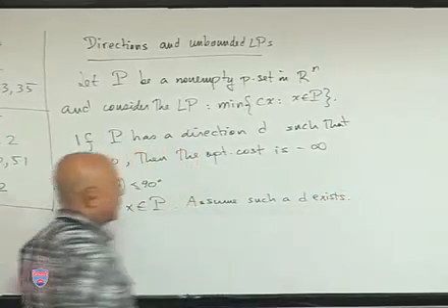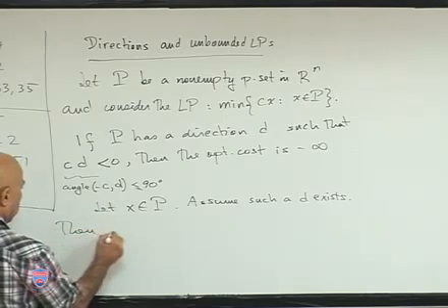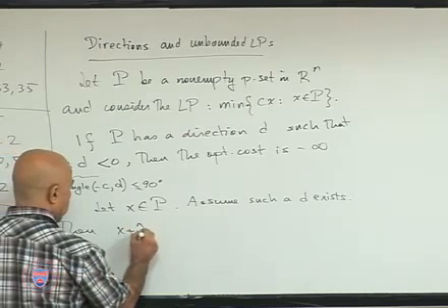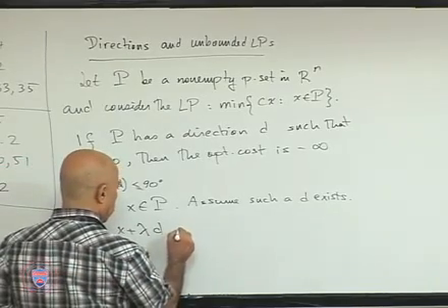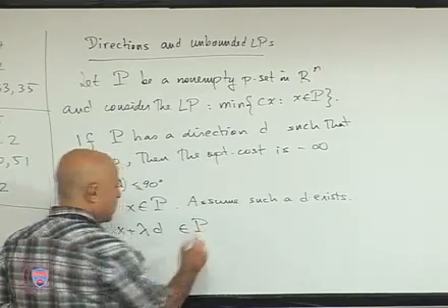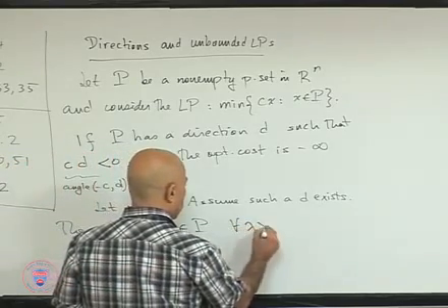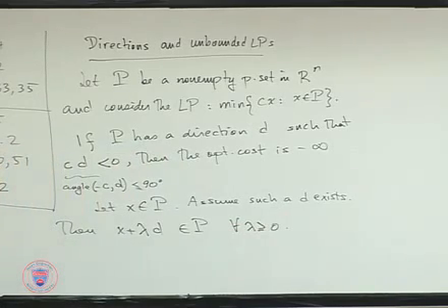Of course, D by assumption is non-zero. Then a feasible point plus any non-negative multiple of D added to x is also feasible. So this is inside your feasible region for every choice of lambda that's non-negative.